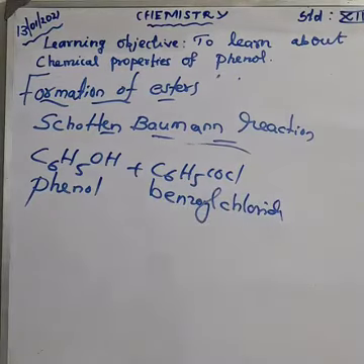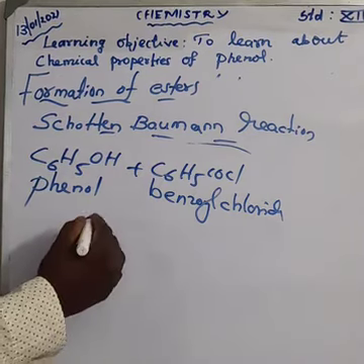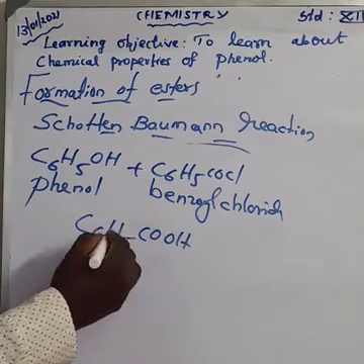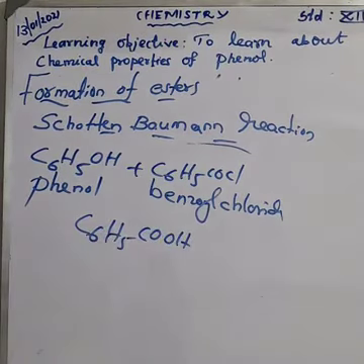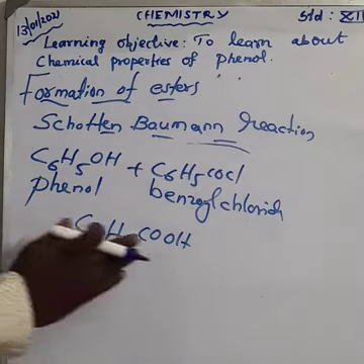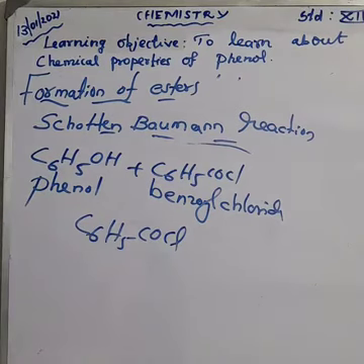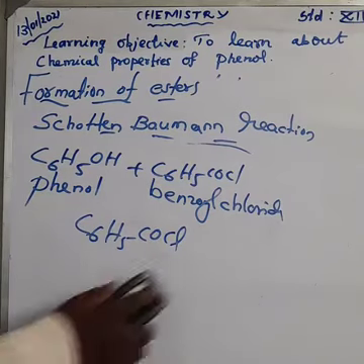Okay, for writing benzoyl chloride, what is the formula for benzoic acid? That is C6H5COOH. Am I right? This is the formula for benzoic acid. The OH is replaced and we are adding Cl. So the formula is C6H5COCl, benzoyl chloride.